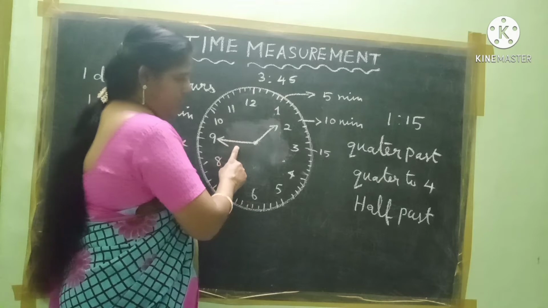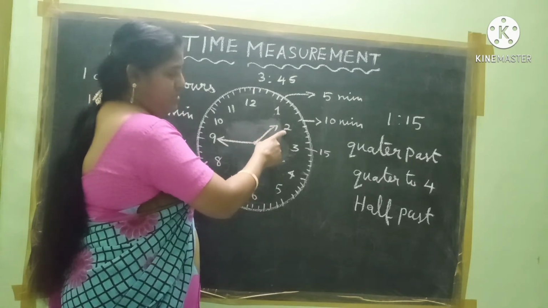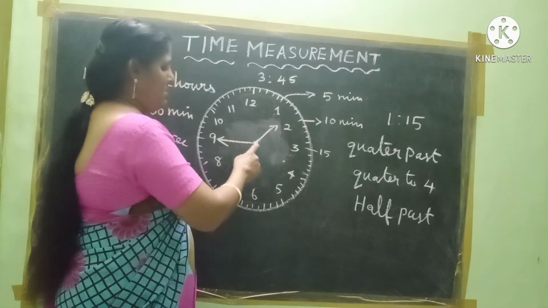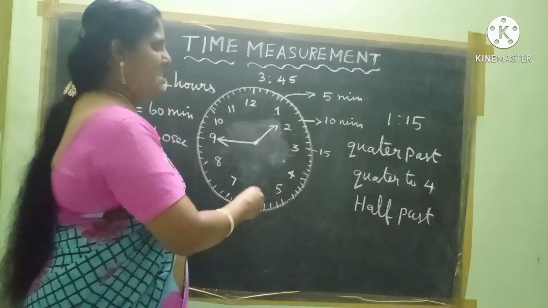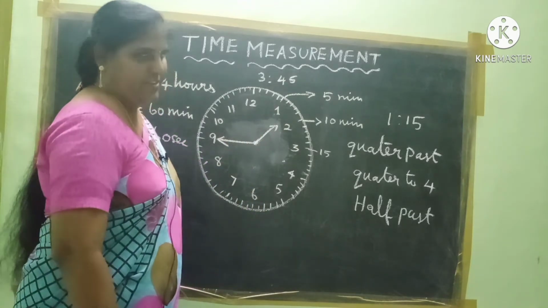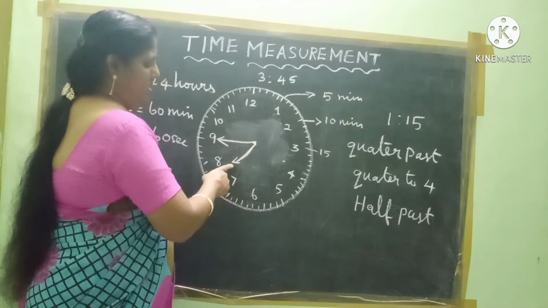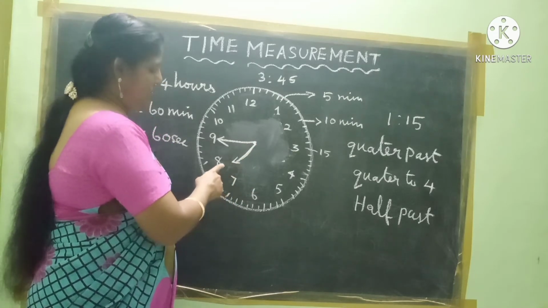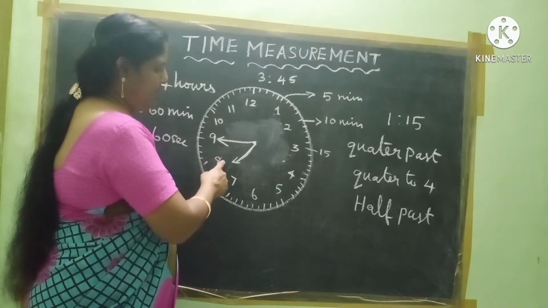This is quarter to. So what is the next hour? Not 1. This is going to be 2. So therefore it is quarter to 2. That means the actual time is what? 1:45. 1:45.